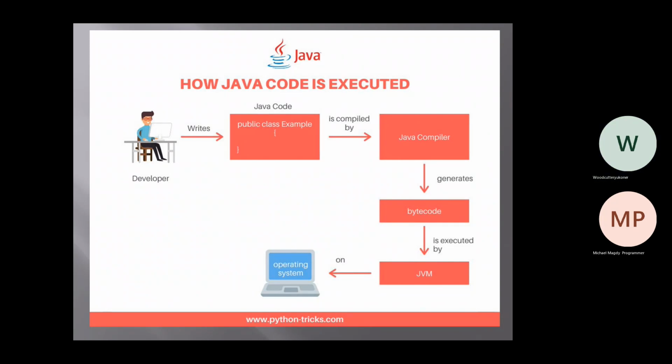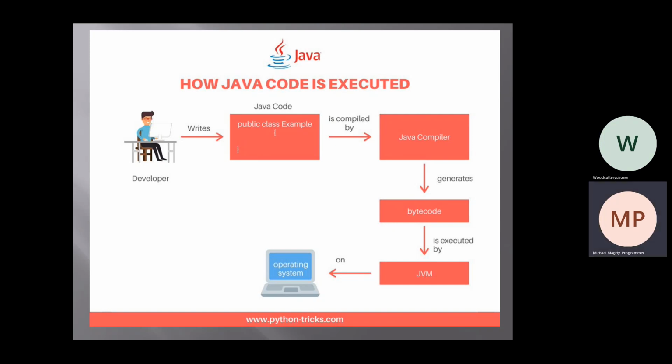It takes your input and checks if there are any mistakes, and it goes into the Java virtual machine, and it converts it from there. Then it goes to the operating system after that.